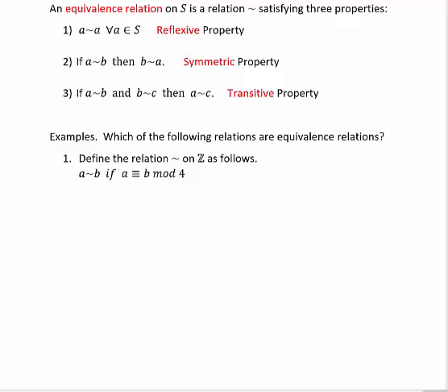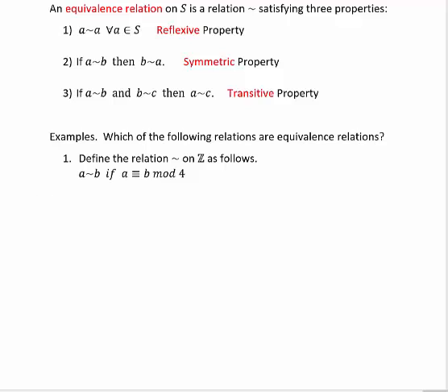Let's look at some examples. Number 1, let's define a relation, squiggle, on Z, the integers, as follows. A is related to B if A is congruent to B mod 4. So let's test all 3 properties.